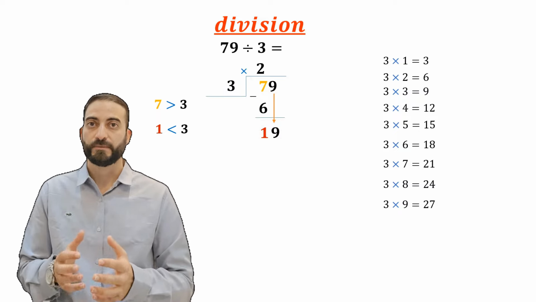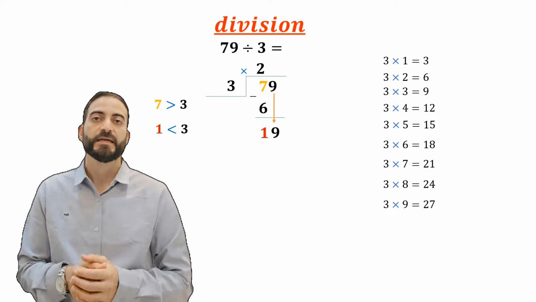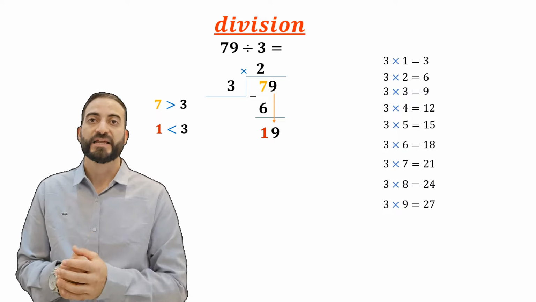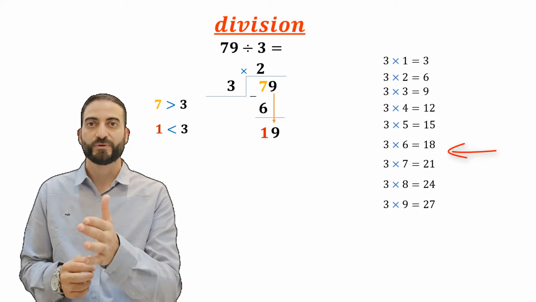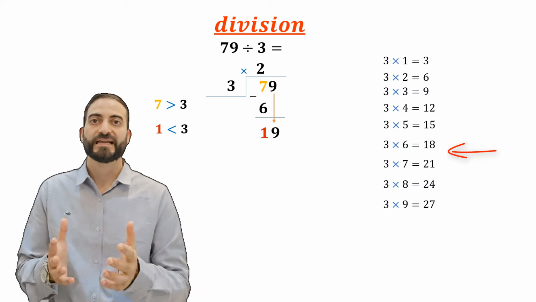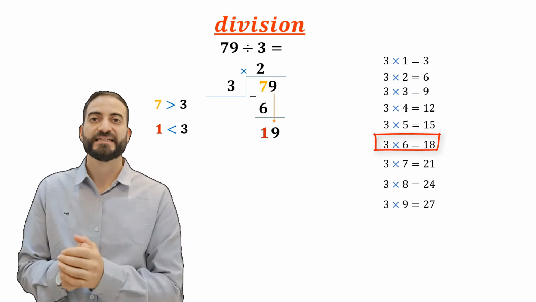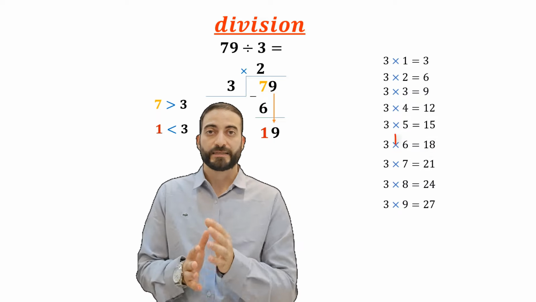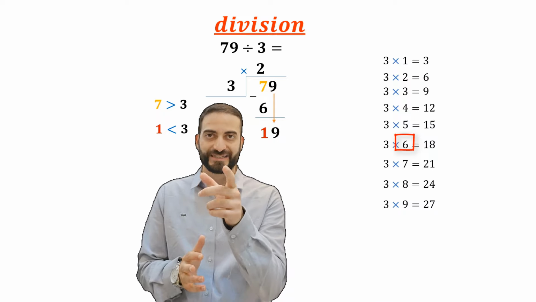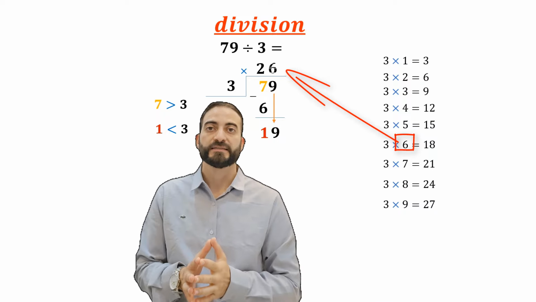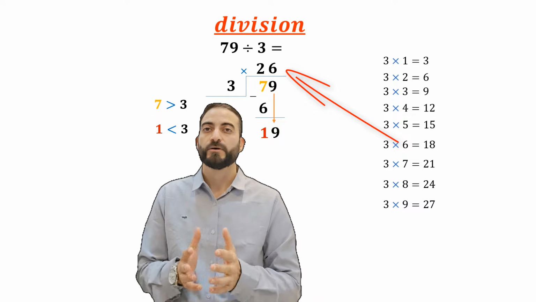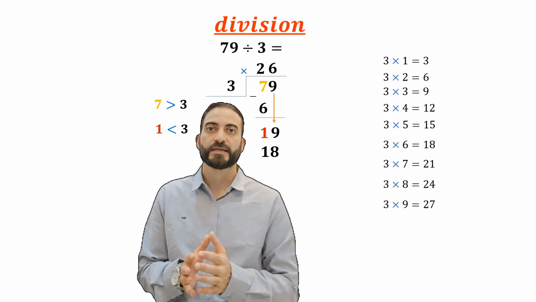We search in the table here for the 19. As we see that 19 is here between 18 and 21, we must always take the smaller one. So 3 times 6 equal 18. And we write the number multiplied by the divisor here. So we write 6 here. Now we multiply 6 times 3 equal 18.